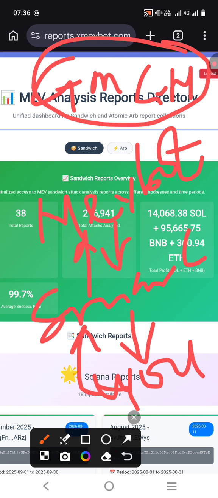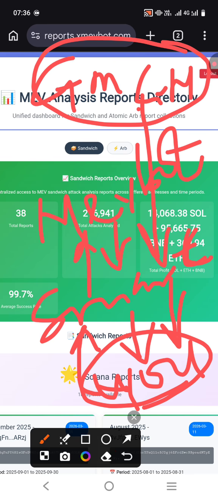It's an aggregator, so to speak. So you deposit to the contract, the bot starts trading on GMGN. As soon as it's making a profit, the bot returns the profit back to the contract. And anytime you want to withdraw, you go straight to the contract, initiate your withdrawal, and it comes back straight into your USDT BEP20 account.